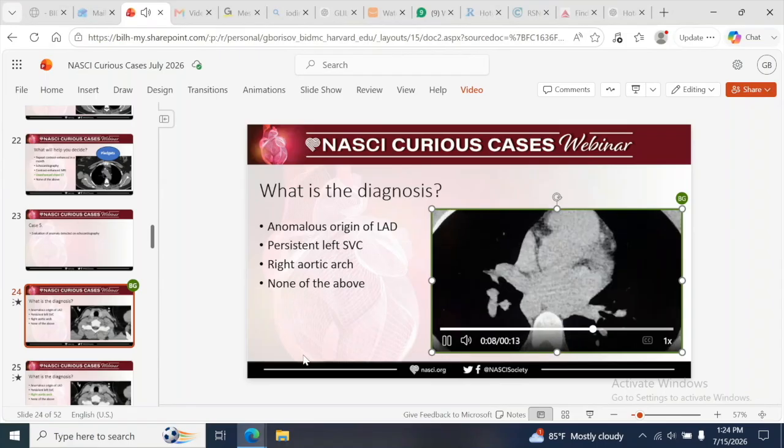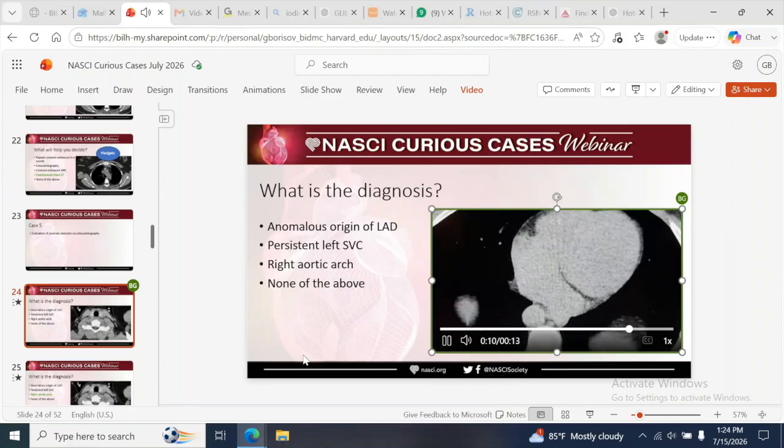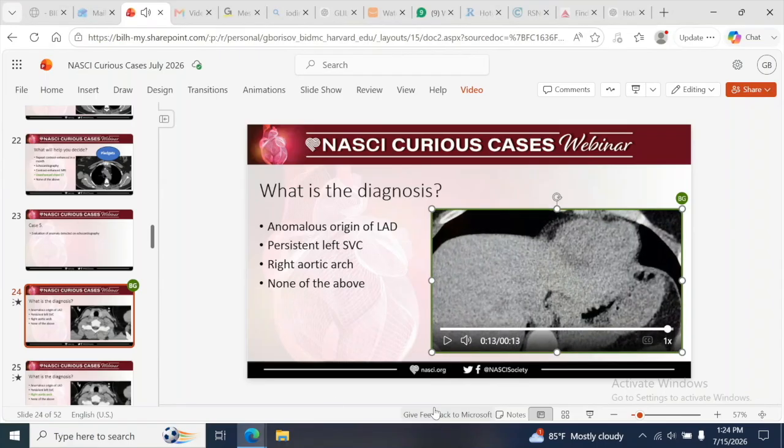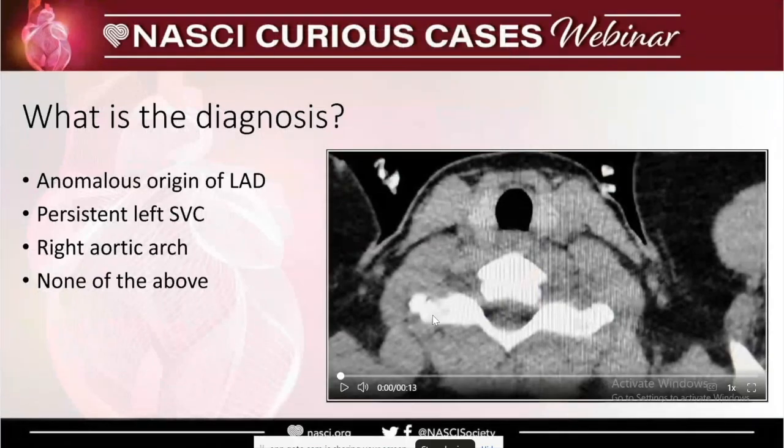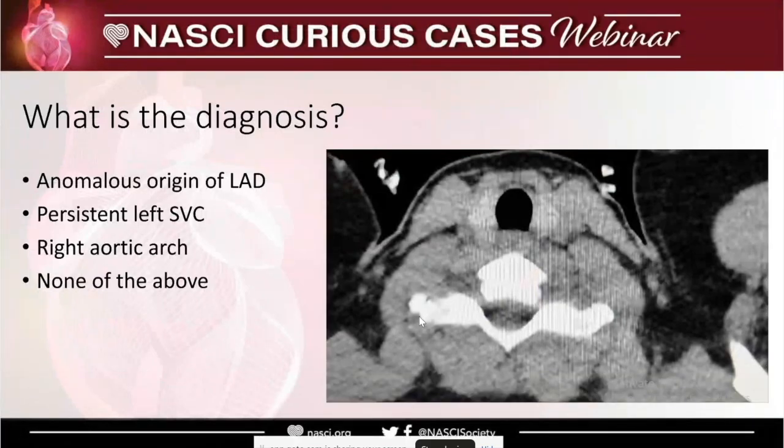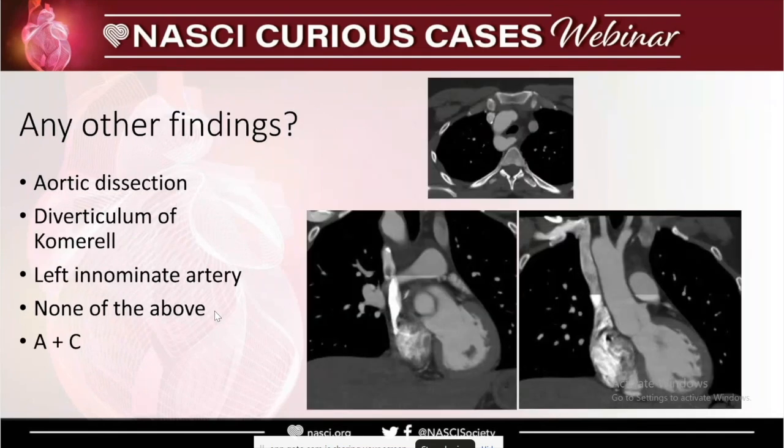So what is the finding? Let's see if it works better now. So this is a right aortic arch, okay? And do you see any other findings on this scan?